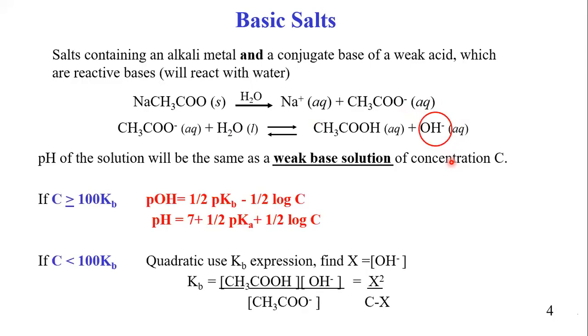We will simply use the calculation of a weak base solution because this anion acts as a weak base. If the concentration is greater than 100 Kb, remember with base solutions we think of Kb, then we use either one of these equations: pOH is half pKb minus half log C, and then get the pH value, or pH is simply 7 plus half pKa plus half log C.